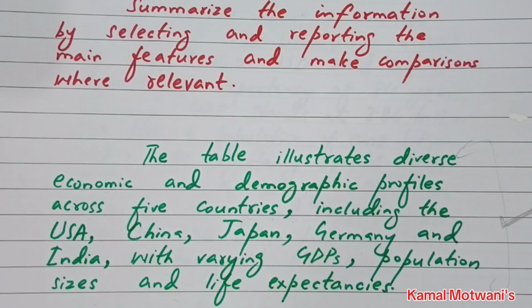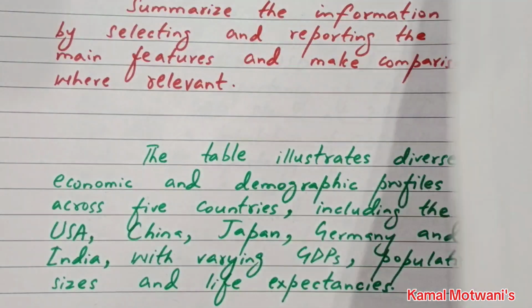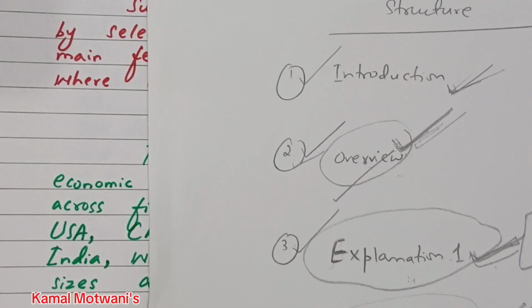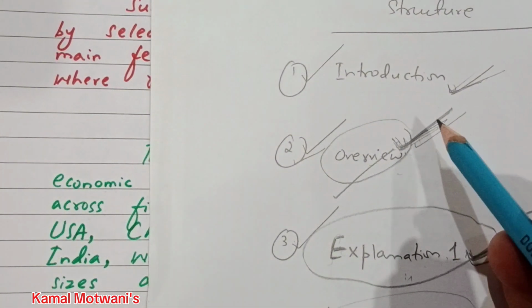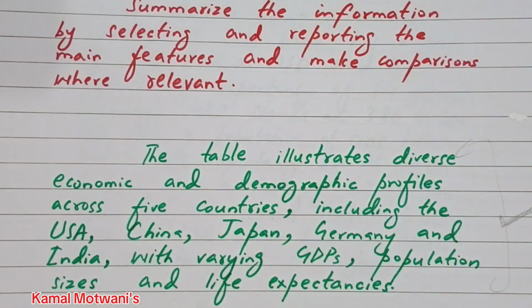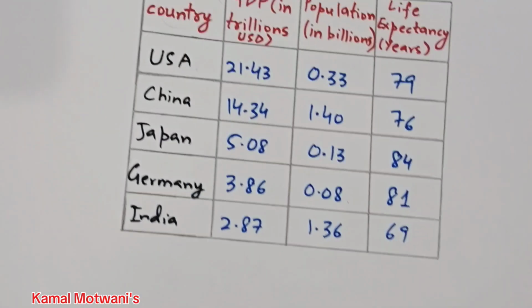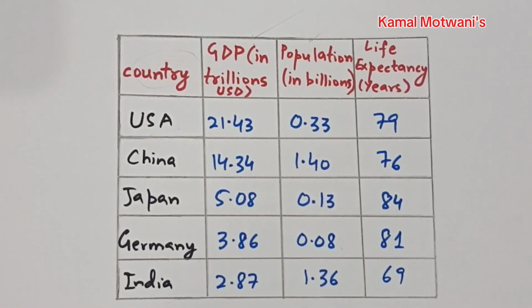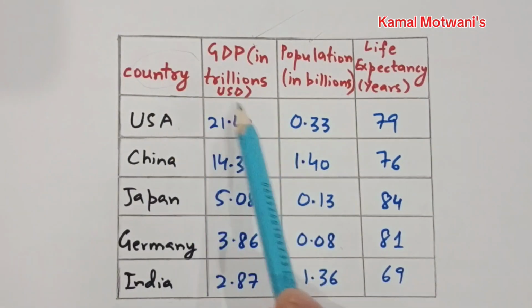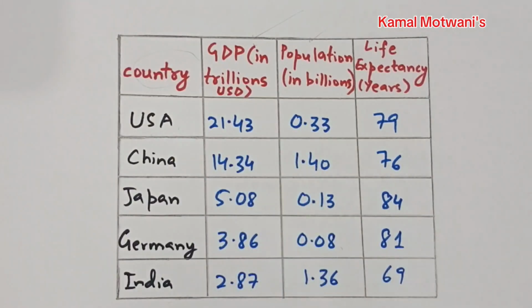Okay, now the second part of the IELTS writing task 1 is to write the overview or overall view. If we go through this table again, as I'm repeating, we write in the overview the overall view of the table, like which country has the highest GDP and which is the lowest, which is the highest population and which is the lowest, and the same goes for life expectancy.